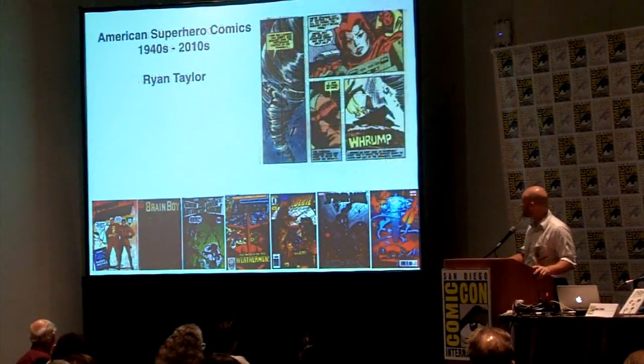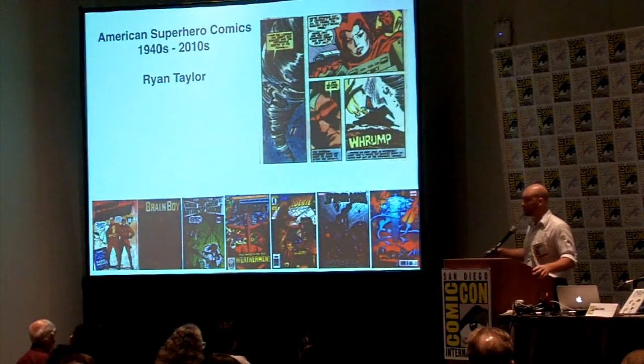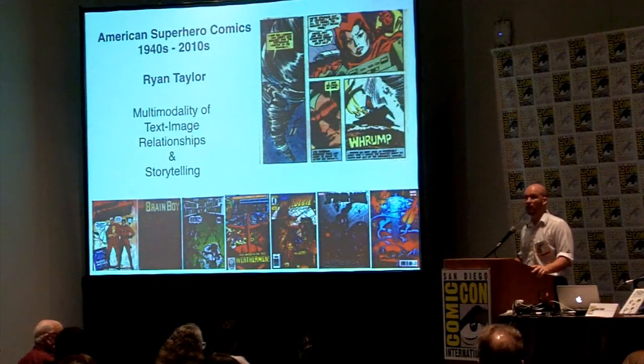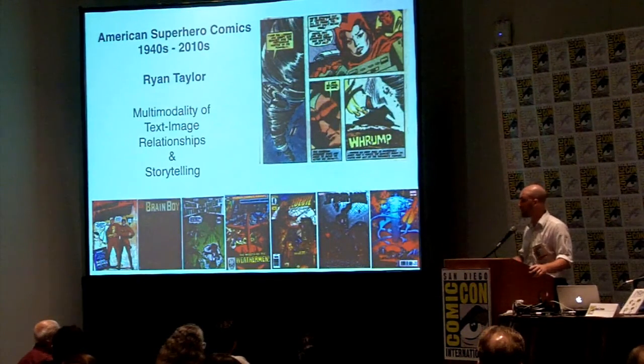The second presentation is by Ryan Taylor, who's going to use the same corpus and talk about aspects of multimodality and text-image relationships, and the relationship to storytelling and how that's changed over the last 80 years in superhero comics.